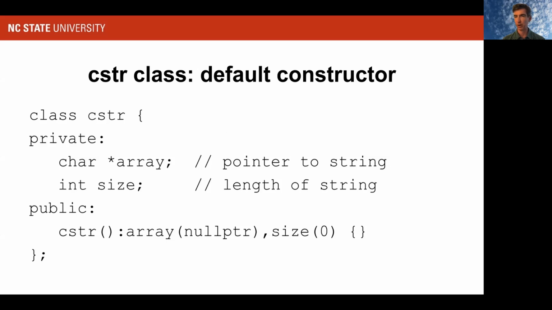And then the open brace, close brace, because we don't have anything else we need to do, there's nothing in between them. It's just a function that doesn't do anything. Okay, so this is just an alternative notation for initializing fields. You can use this in any constructor anywhere, but it's especially convenient when all you need to do is initialize a few fields.